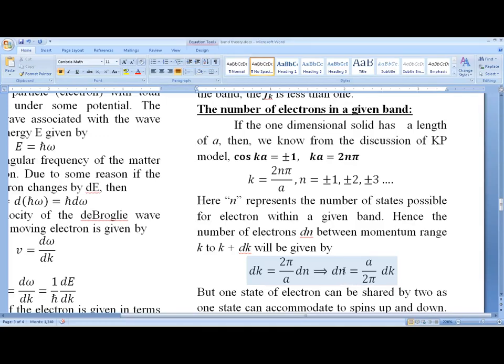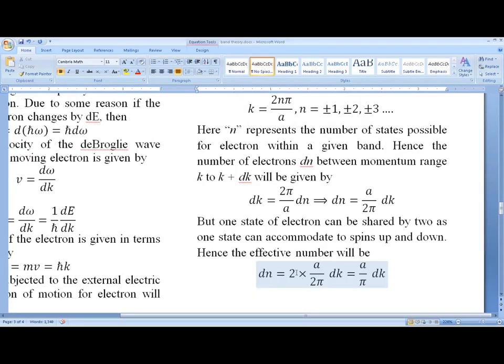Of course, here you have to take care of Pauli's exclusion principle, because one state, one n, can be shared by 2 electrons. So this number must be doubled in order to get the single electron states. So just multiply by 2. This term is going to give you the number of electrons dn which have the momentum or wave vector that lies in between k and k plus dk.